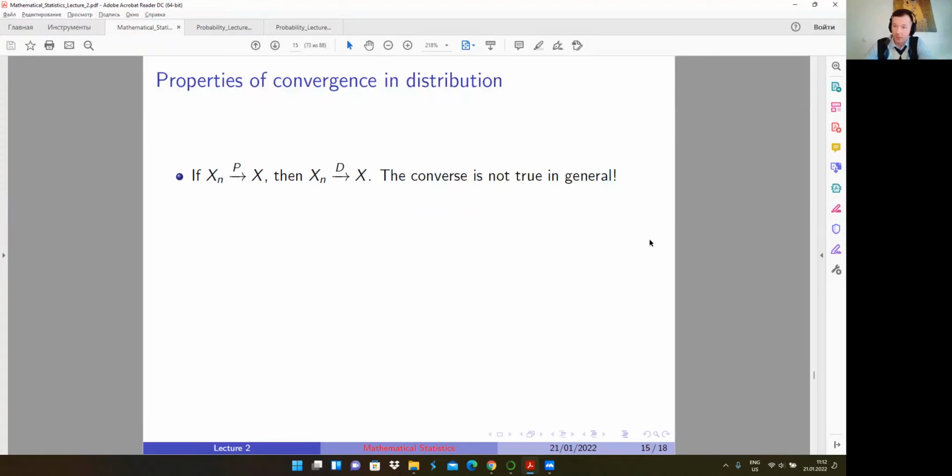Well, as for the properties of convergence in probability, we now introduce some properties of convergence in distribution. When a variable converges in probability to something, then it also converges in distribution to something. But the converse is not true in general. If something converges in distribution, it doesn't mean that it converges in probability.